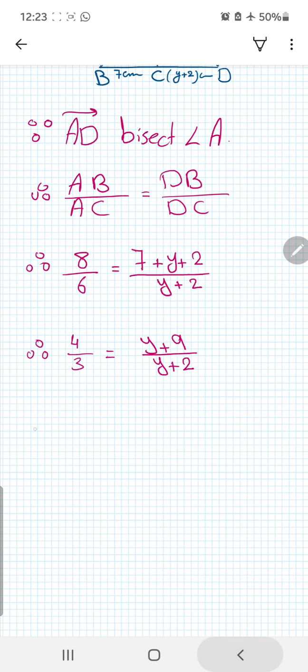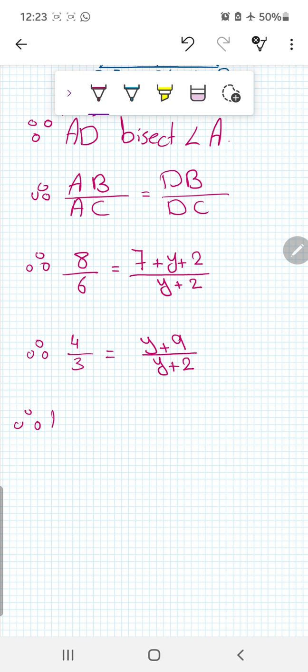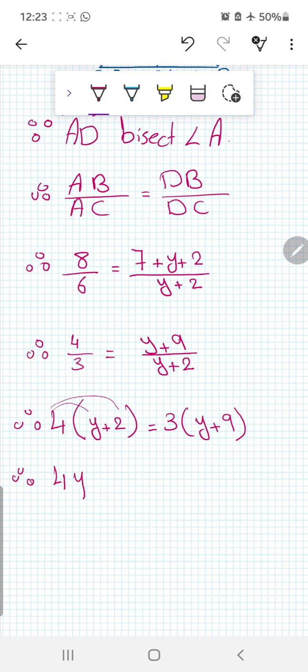Make cross multiplication. Therefore 4 and open brackets, because here we have 2 terms, Y plus 2 equals 3Y plus 9. Multiply: 4Y plus 8 equals 3Y plus 27.